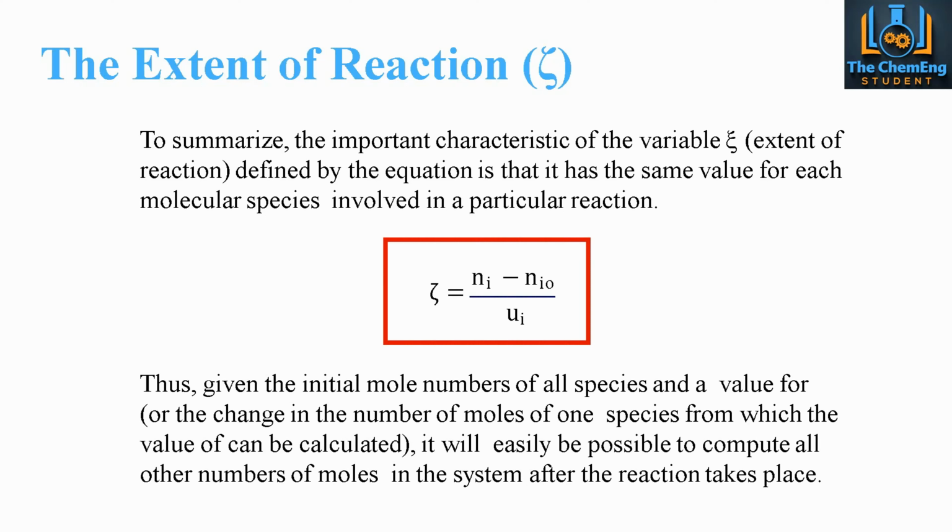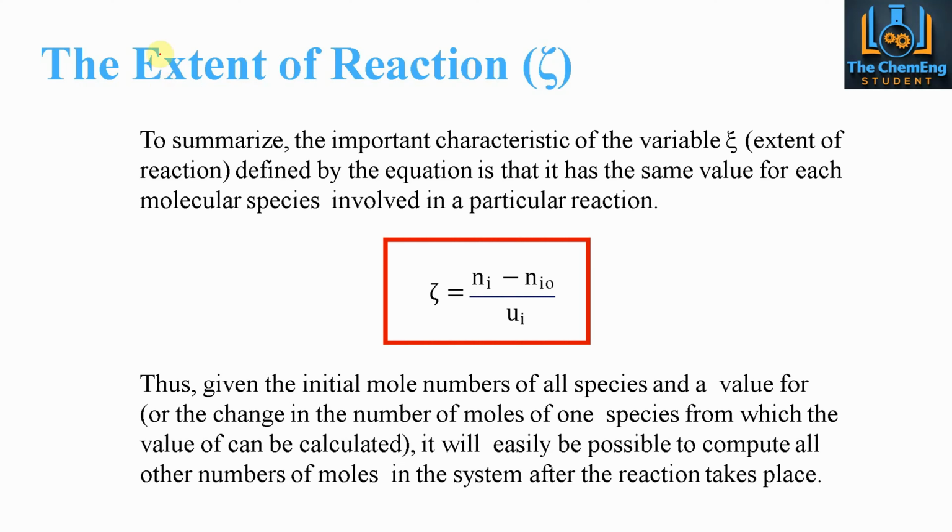It will then be easily possible to compute all the other numbers of moles in the system after the reaction takes place. So in a chemical reaction, what you must always do is relate moles to each other.